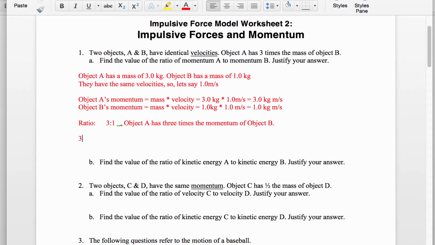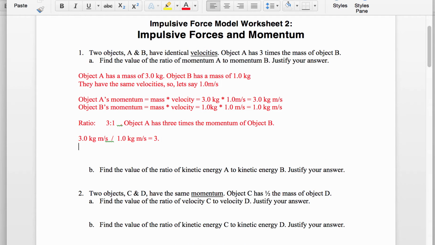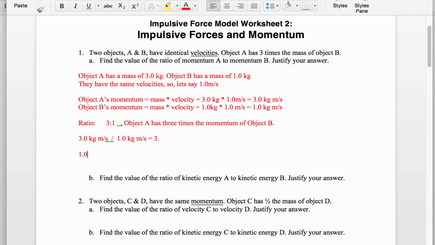If I wanted to do that, I would just take 3.0 kilogram meters per second divided by 1.0 kilogram meters per second, and now we get 3. That's the ratio. If I had done it the other way, 1 kilogram meters per second divided by 3.0 kilogram meters per second, the ratio would be a third.